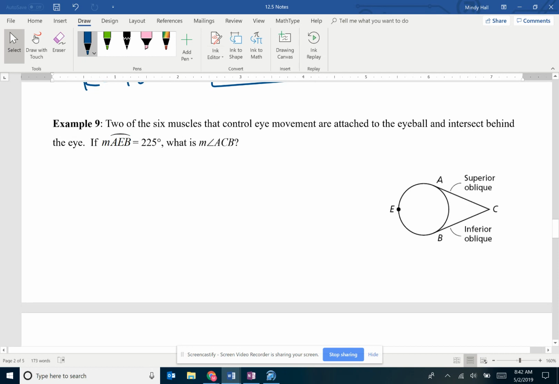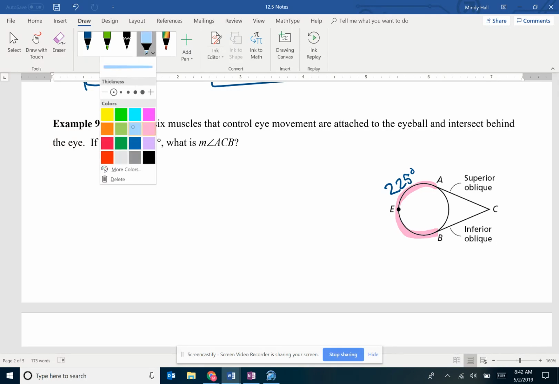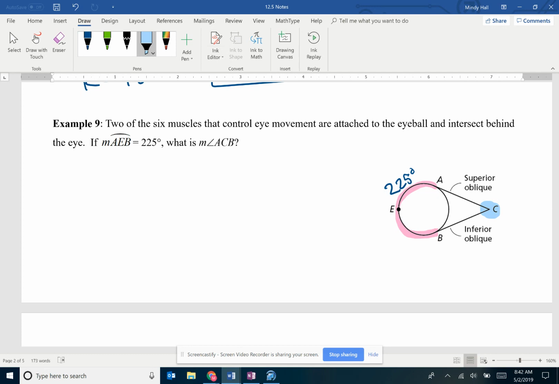So example 2, 2 of the 6 muscles that control eye movement are attached to the eyeball and intersect behind the eye. If the measure of arc AEB is 225, so that is 225 degrees, we want to find what is the measure of ACB, which is right here.